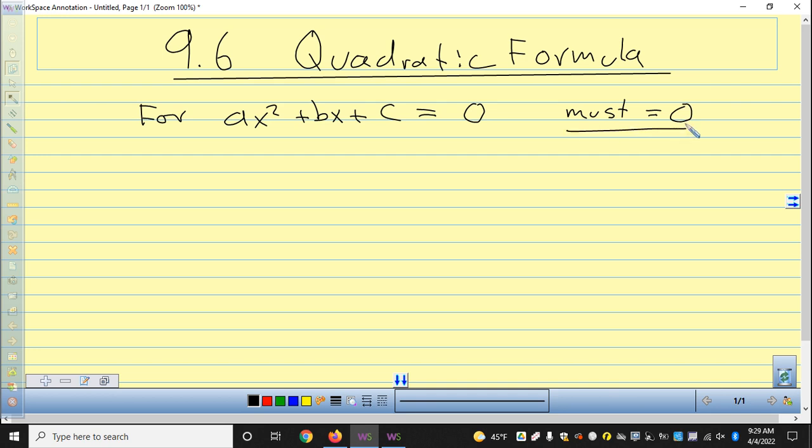That's always where we start when we're using the quadratic formula. The quadratic formula is x equals negative b plus or minus the square root of b squared minus 4ac, all divided by 2a.